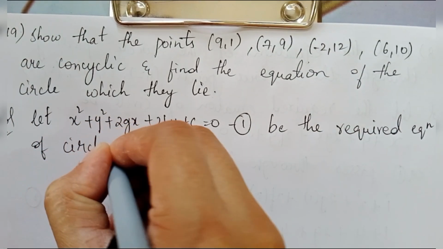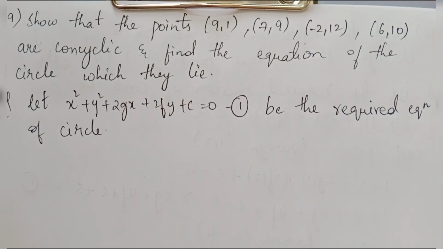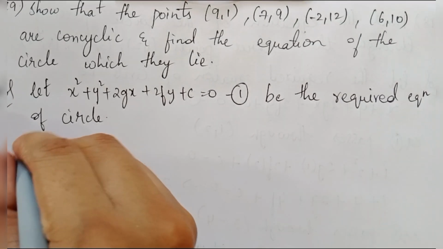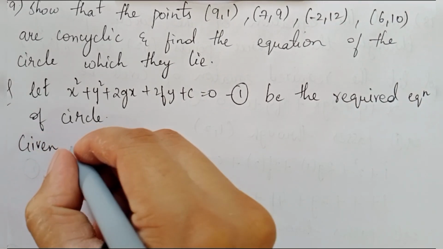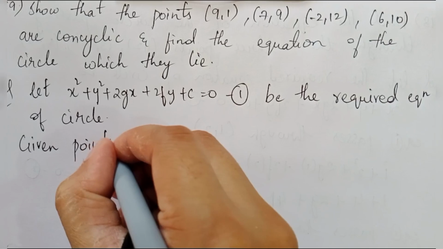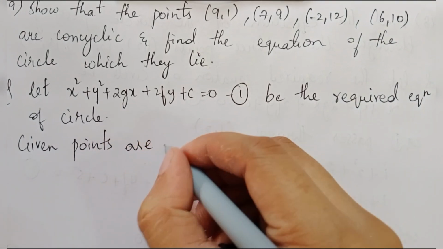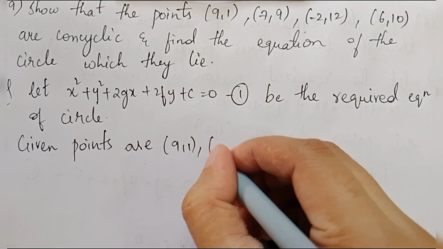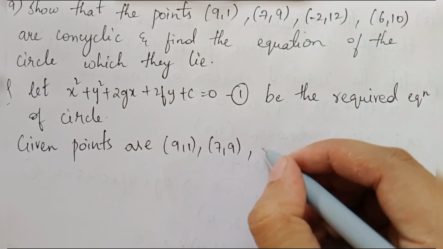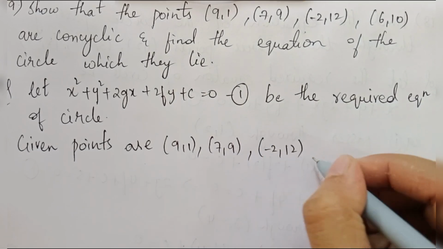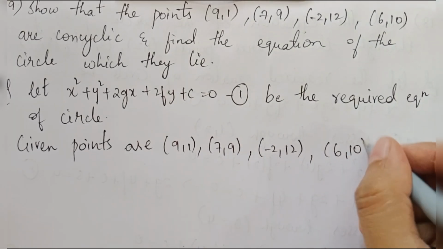We already did problems on concyclic. It is the same problem. Given points are (9, 1), (7, 9), (minus 2, 12) and (6, 10).